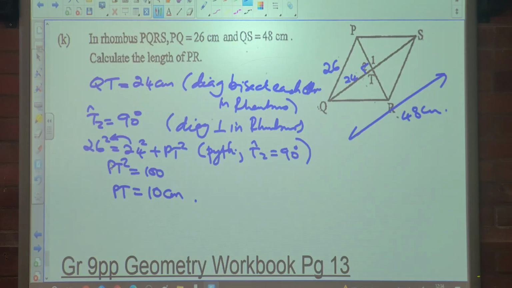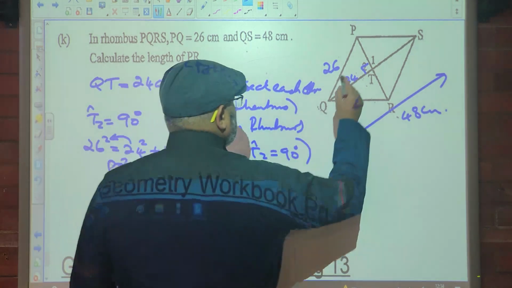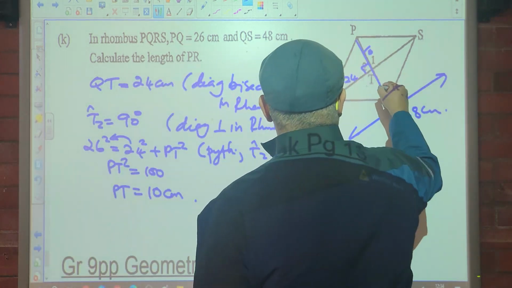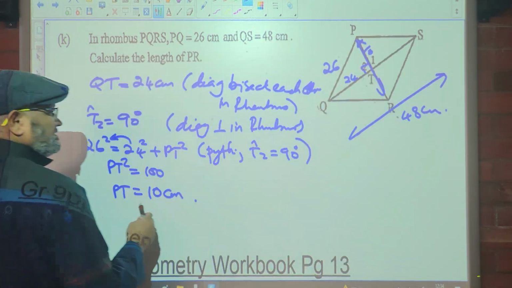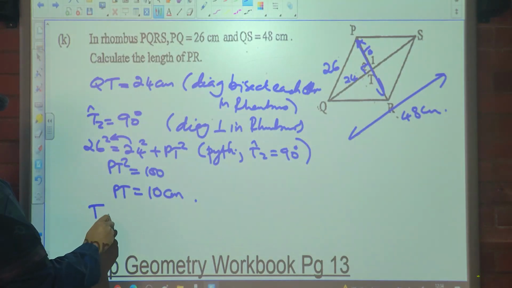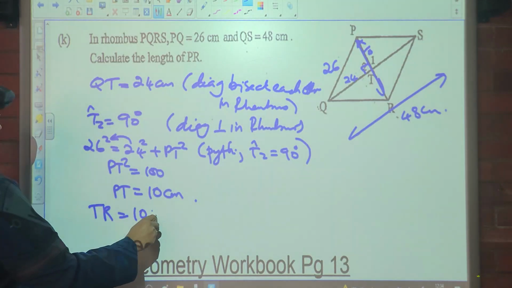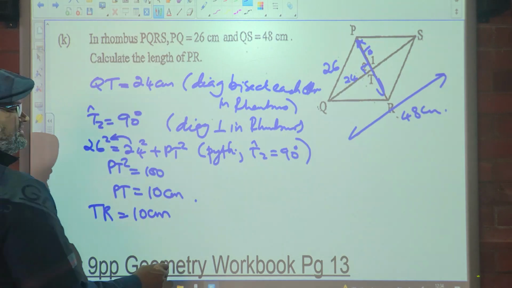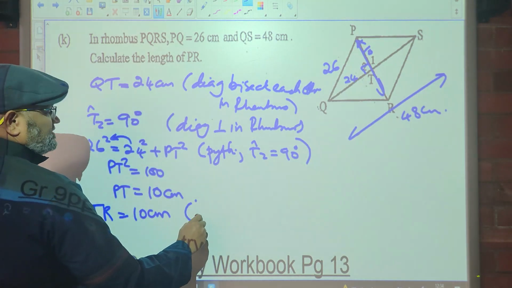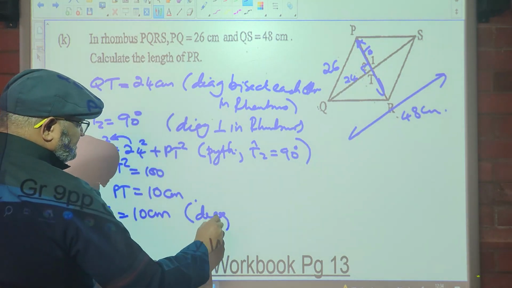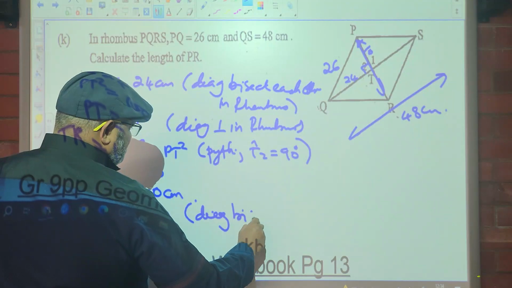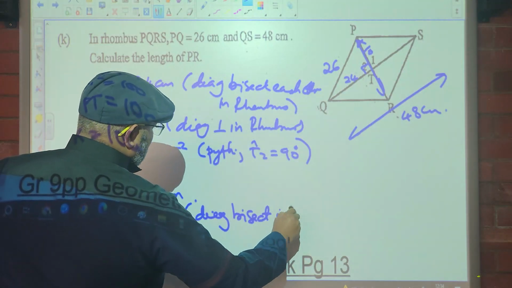Have you answered the question? No, the question is PR. So PT is equal to 10 centimeters. Why? Because diagonals bisect each other in a rhombus.